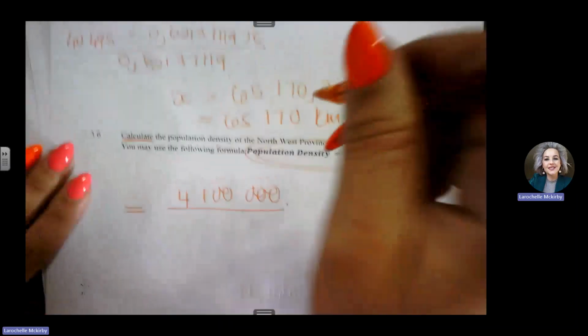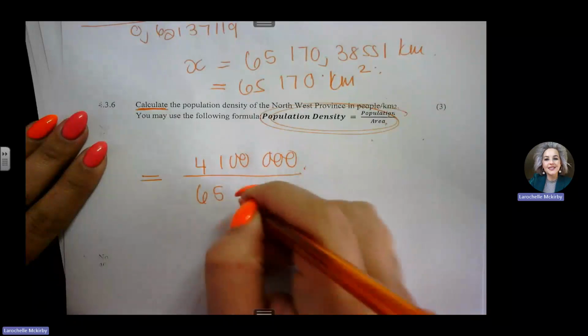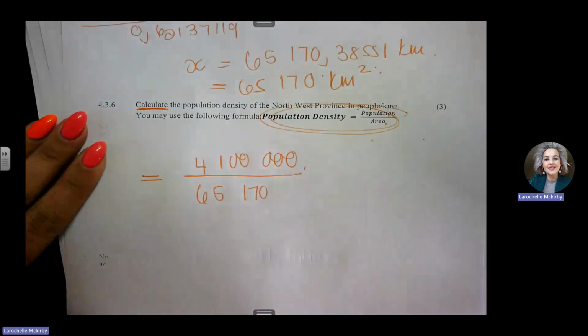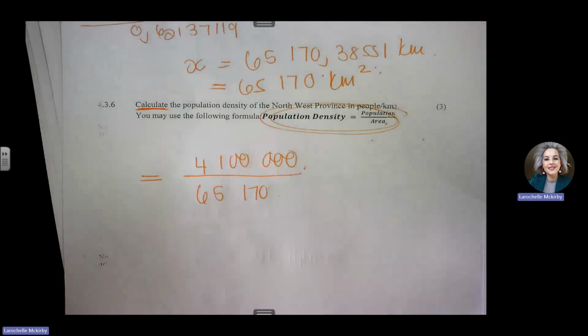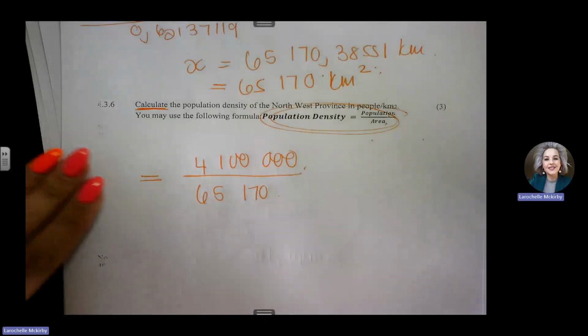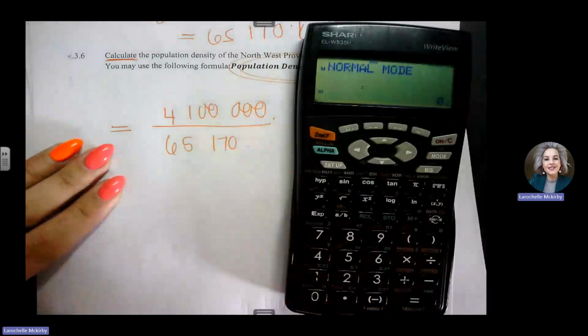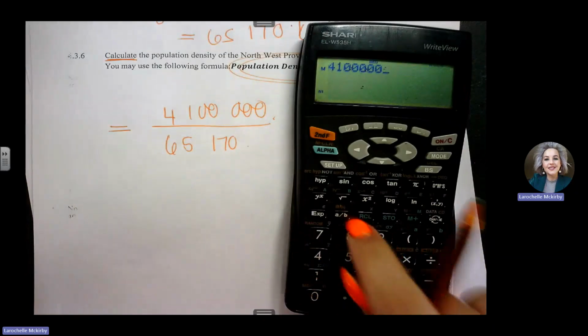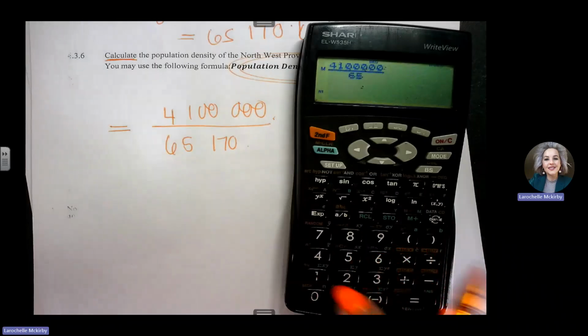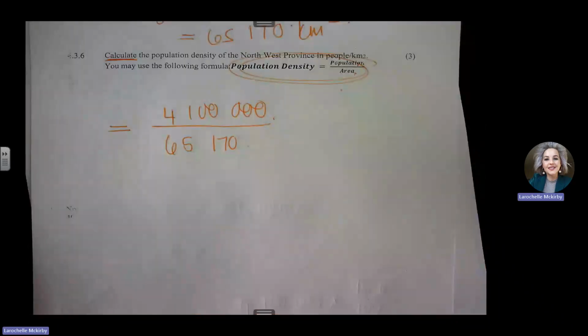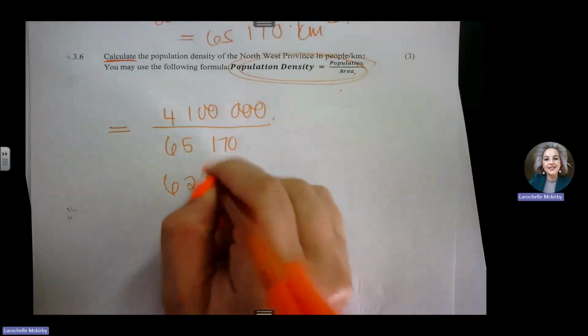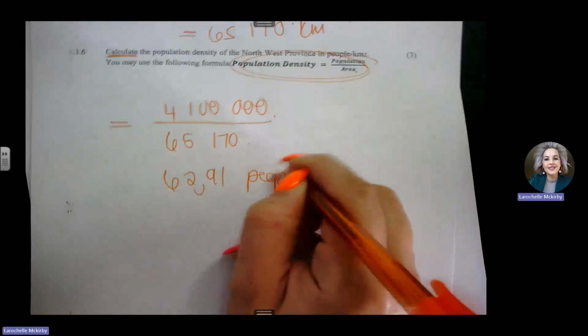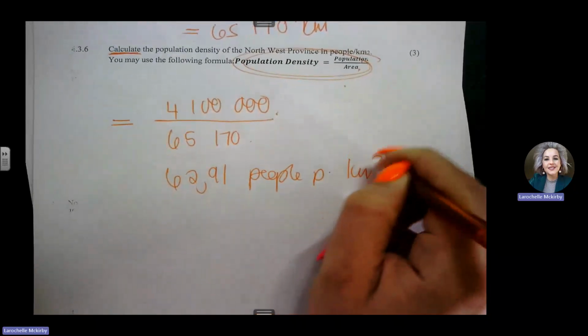Oh, the area we have just calculated, 65,170. So see how we are using the previous two questions' answers to do the third answer. So saying 4,100,000 divided by 65,170, and we get to the answer of 62.91 people per squared kilometer.